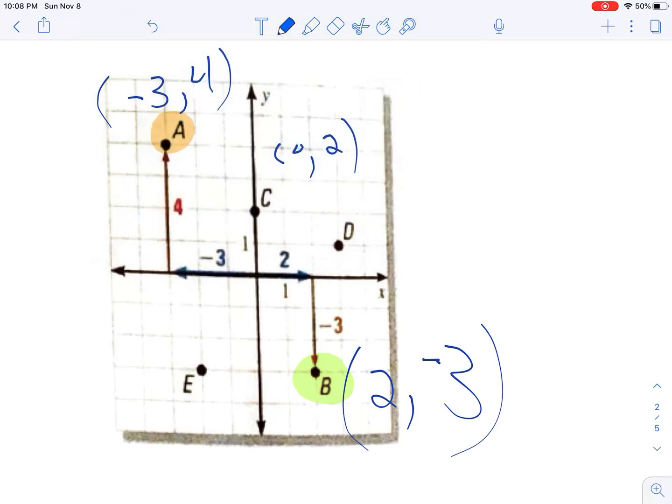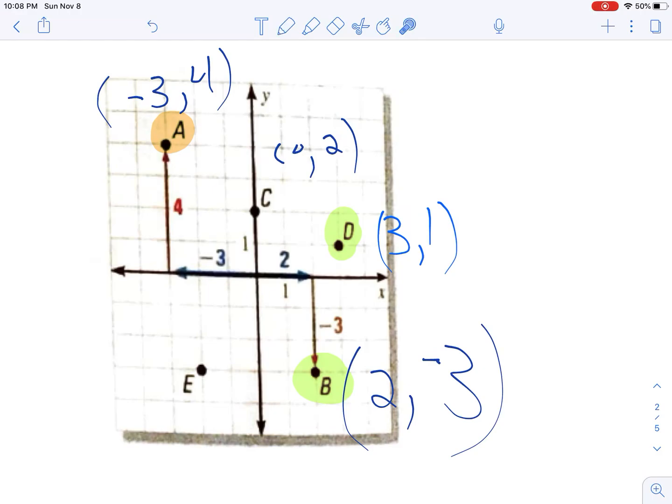If I want to talk about point D, I again go to my origin. I go right 1, 2, 3. So I traveled 3 units to the right, and I go up 1. So my ordered pair here would be 3, 1. Both positive because I traveled to the right and up.